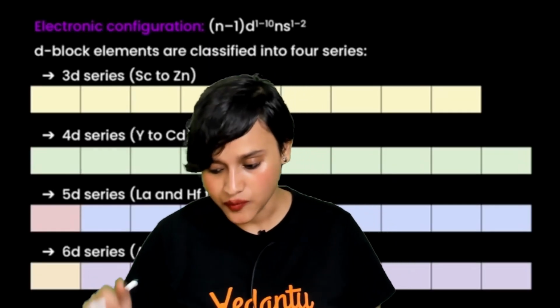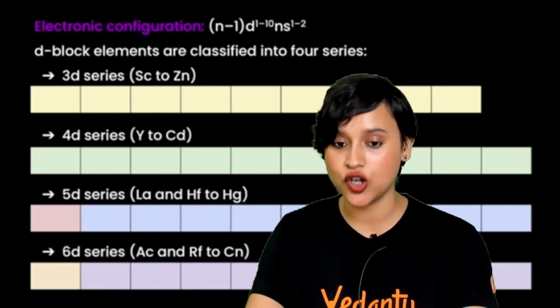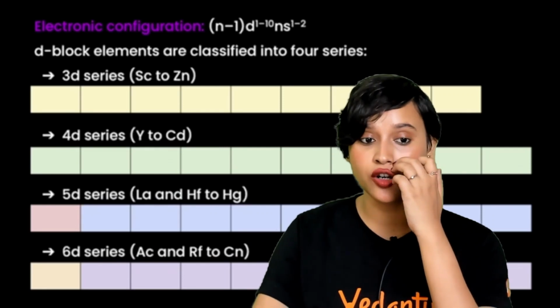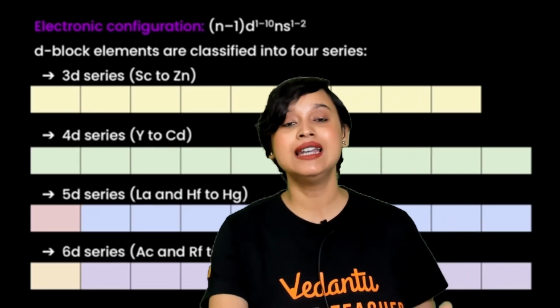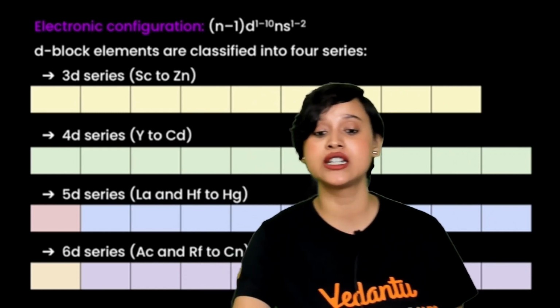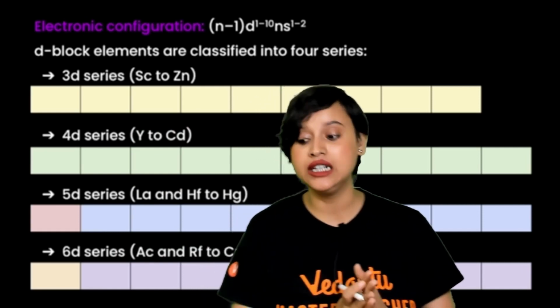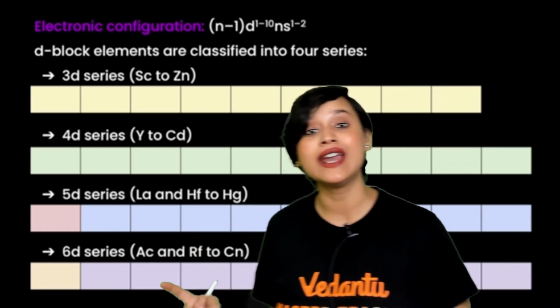Great. All right. Now we come to electronic configuration, the general electronic configuration that we have to learn. The general electronic configuration, as you can see right here, is (n-1)d1 to 10 ns1 to 2.